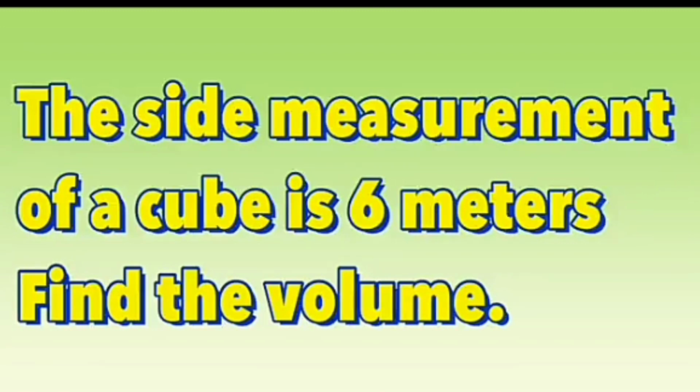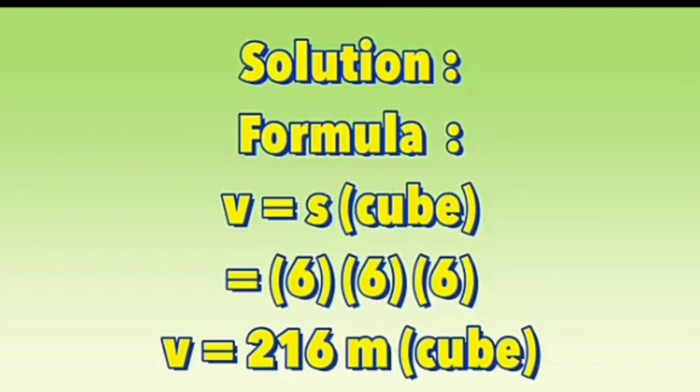So that's why we need to multiply the side 3 times. The given side of the cube is 6, so we multiply 6 times 6 times 6 equals 216 cubic meters is the volume. Okay, that's for number 1.